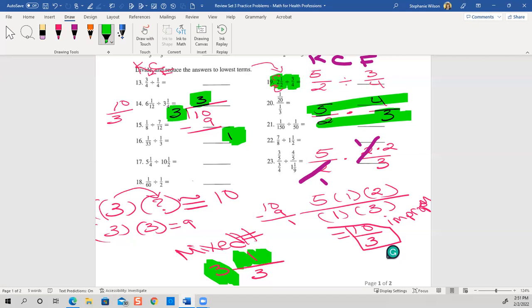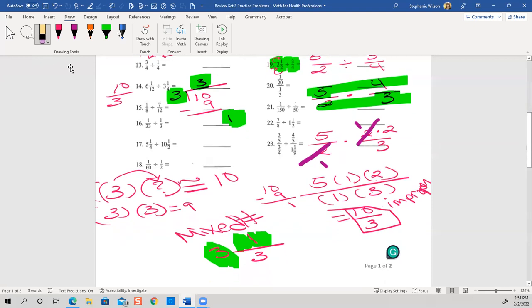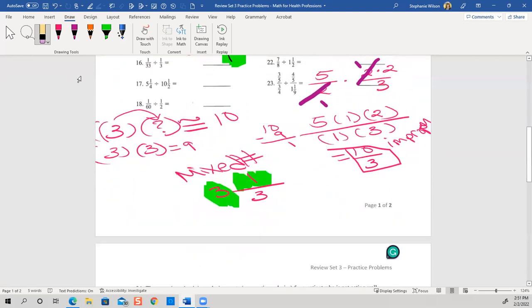I would like to do one more fraction with you. I'm going to do a messy one just because they are fun. Let's do a complex one. So let's see if I've got room on another piece. Okay, I'm going to take number 23. I'm going to bring it down here, and then I'll scroll.